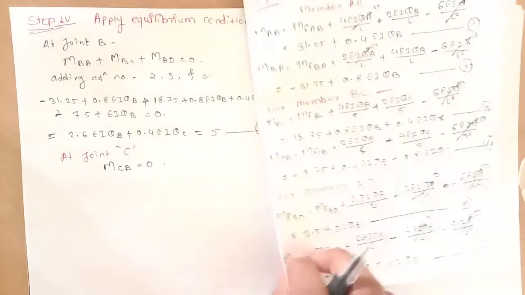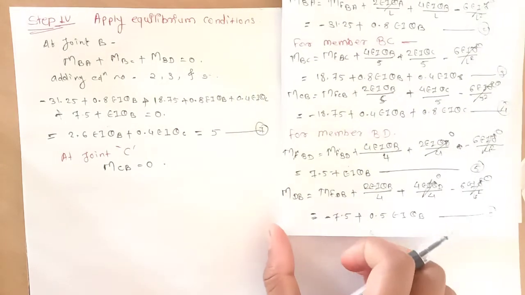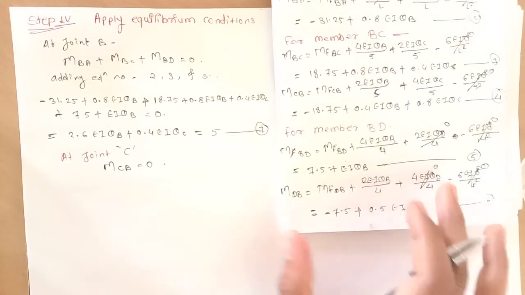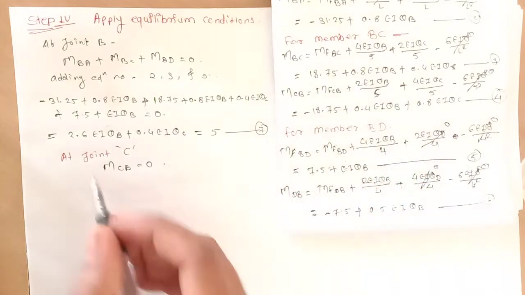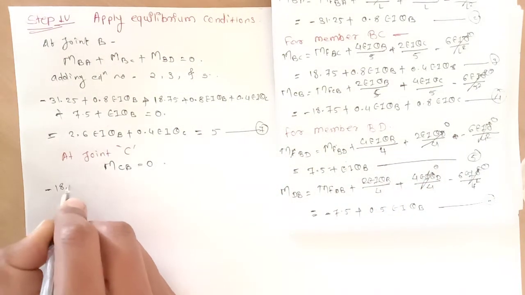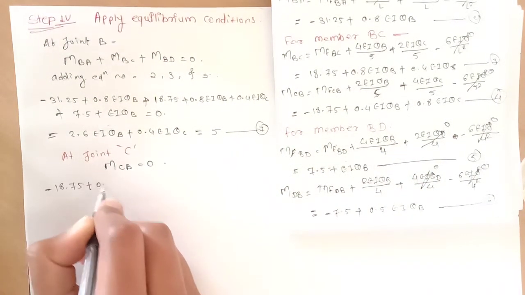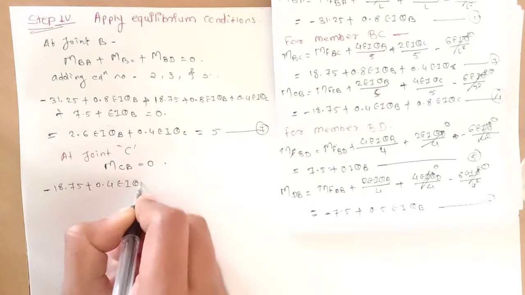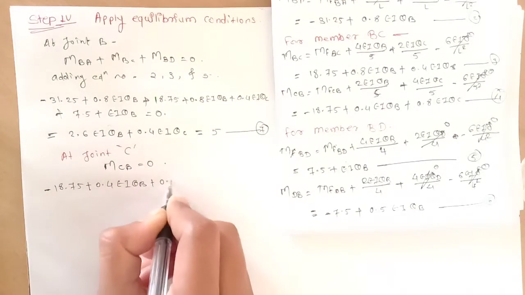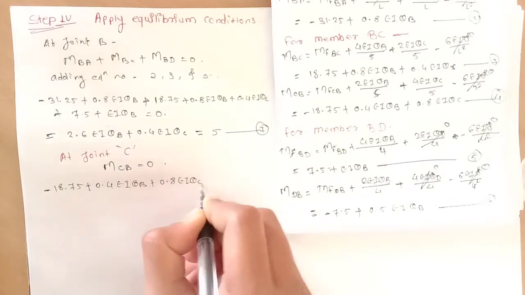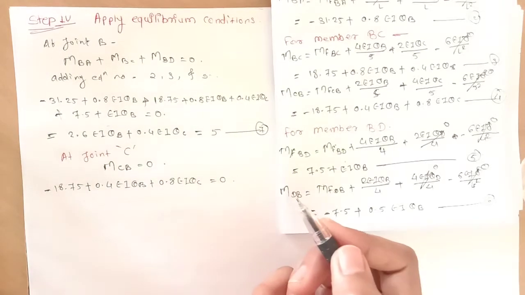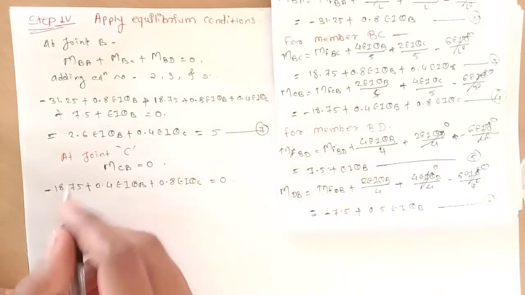So the CB equation, that is the 4th equation, M_CB is equal to minus 18.75 plus 0.4 EI theta B plus 0.8 EI theta C is equal to 0. So solve this equation.